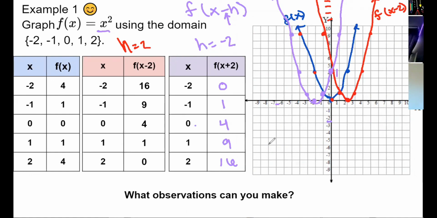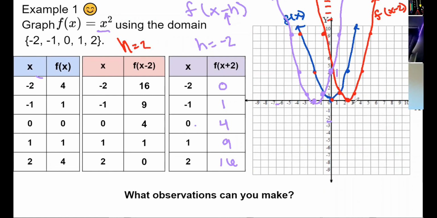Okay, so now by looking at the 3 graphs on our beautiful graph here, what do you guys notice? Remember that our original one was our f of x, our blue. Now when we had our h equal to 2, what happened to our red graph?